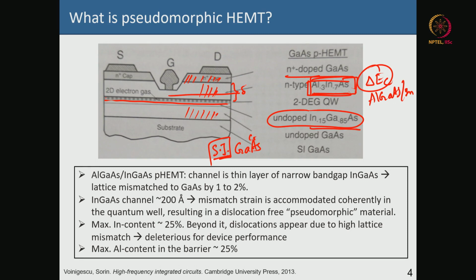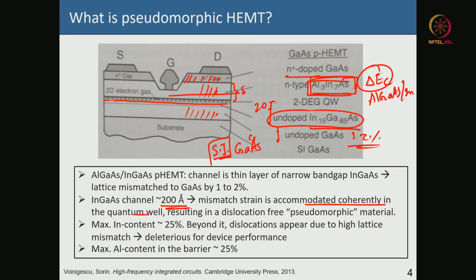Typically the lattice mismatch between InGaAs and the GaAs below is 1 to 2%. You do not want to increase the lattice mismatch too much. And the typical thickness of the InGaAs channel is around 20 nanometers, but again it depends on the mismatch. You are having the strained layer, and the strain is basically accommodated coherently in the quantum well.